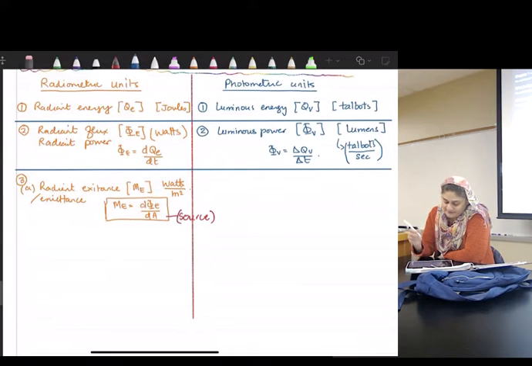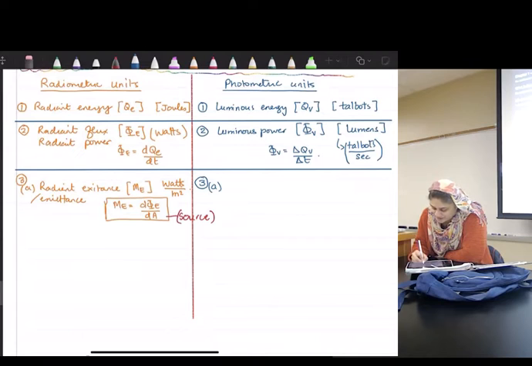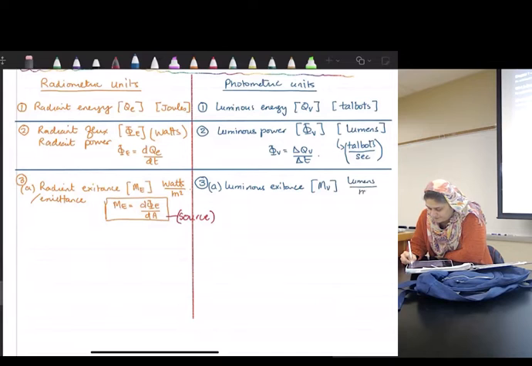The equivalent for photometric units is called luminous exitance. Its symbol is MV. Its units are lumens per meter squared, which is also sometimes called lux.